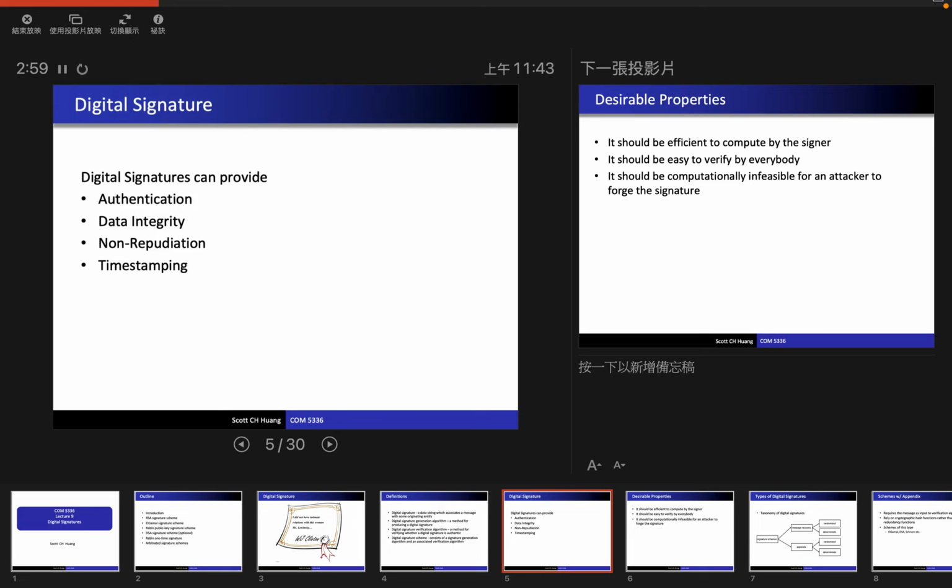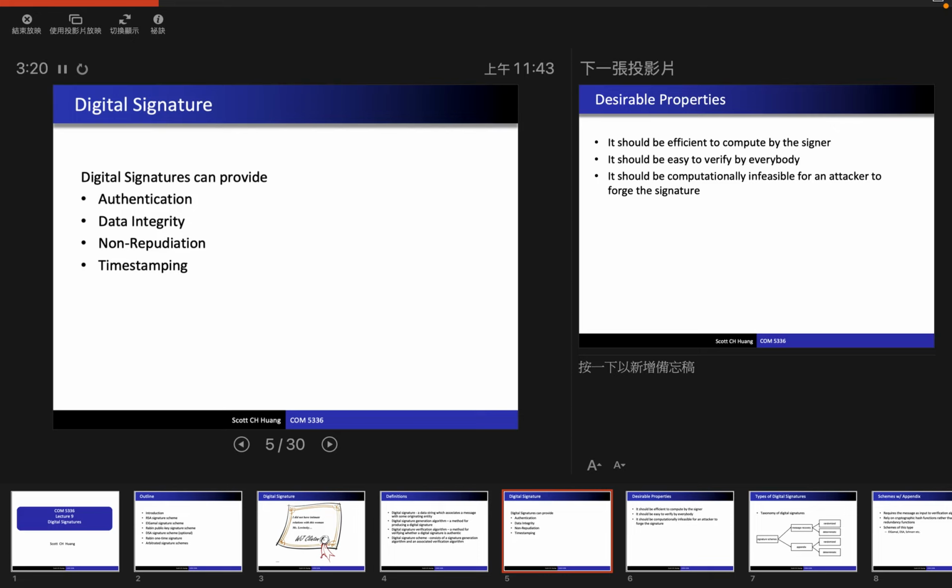For example, encryption itself also provides data authentication and data integrity. Let's consider this case. Two parties share the same key K. So this is Alice, and Bob.